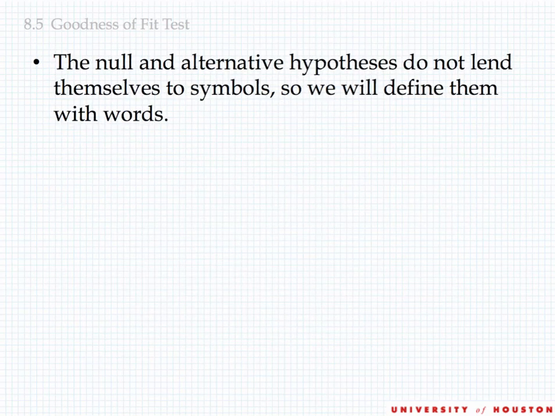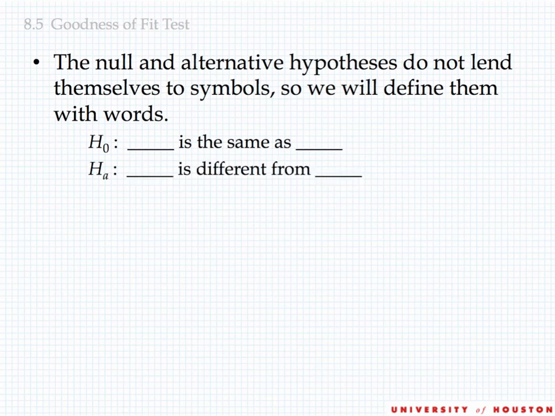The null and alternate hypotheses do not lend themselves to symbols, so we define them with words. H0 would be that whatever our data is would be the same as the given distribution, and our alternate will be that it's different.